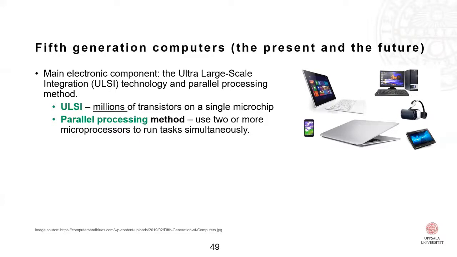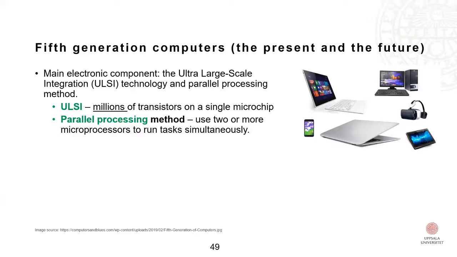And also we have parallel processing introduced in this generation, meaning that a computer doesn't have only one processor. It can have several microprocessors that are used to divide the work of the computer. So here I want to give you a very simple example.